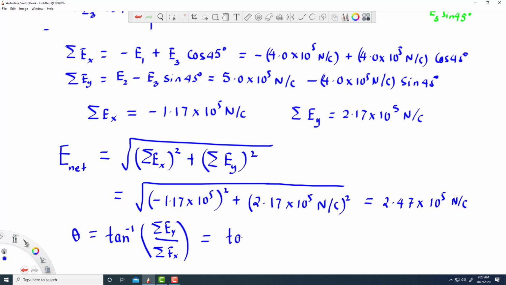So tan inverse of the y component, 2.17 times 10 to 5, over the x component, negative 1.17 times 10 to 5, and if you do that calculation, you get 118 degrees.